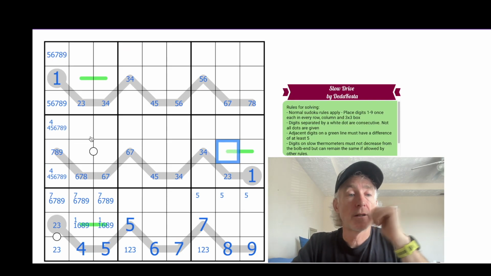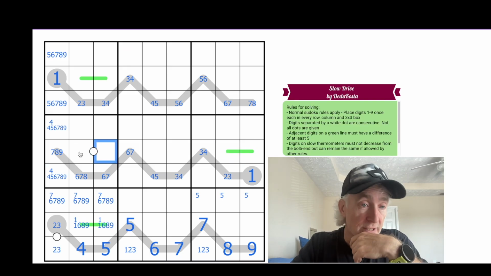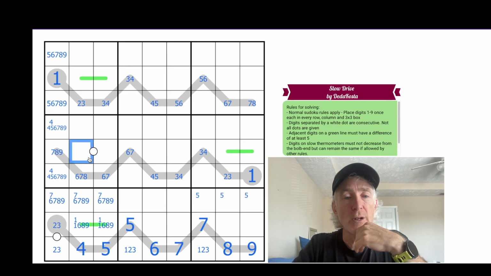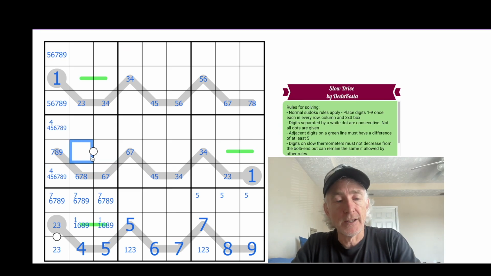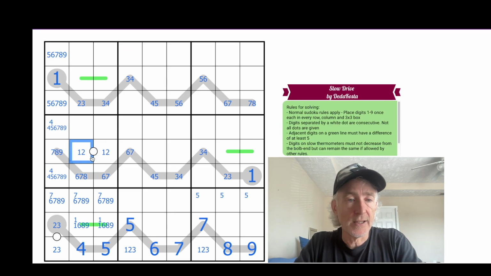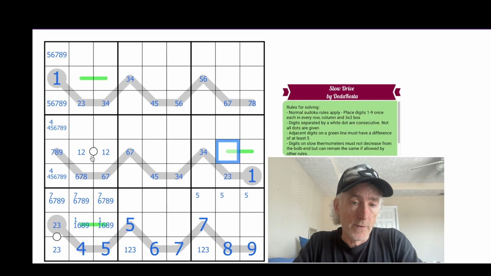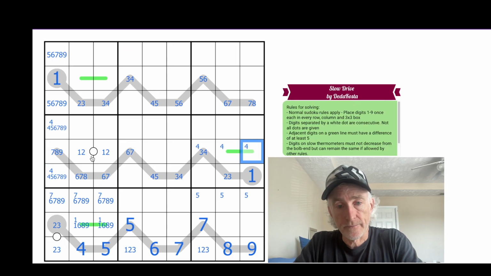So let's think about what this can be. Okay, 1 and 2 seems fine, so let's do that. We just said that 2, 3 is not possible. 3, 4 is not possible. 4 is actually going to have to be in one of these 3 cells.